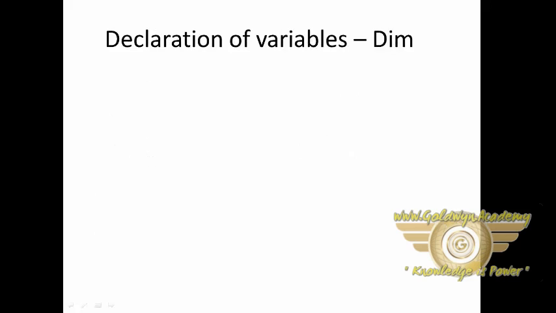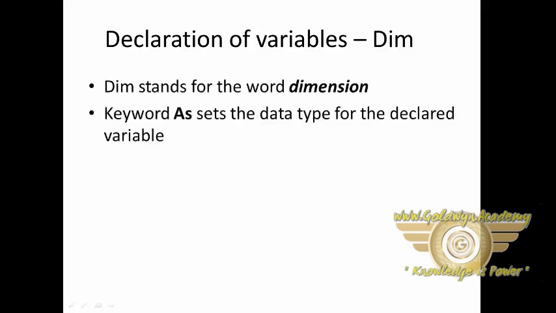Next is the declaration of variable. We declare variables in Visual Basic using two methods. One is Dim. Dim stands for dimension. So when you write Dim and then the name of the variable, which is the identifier, that will be the declaration of a variable.